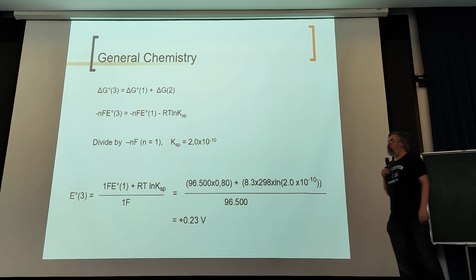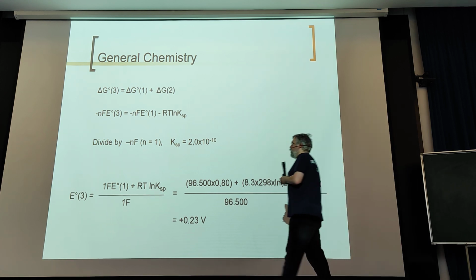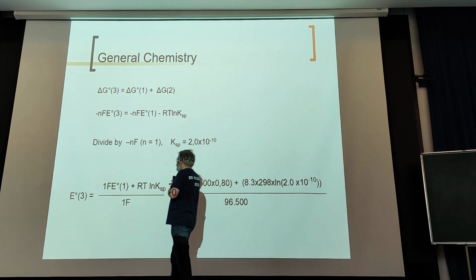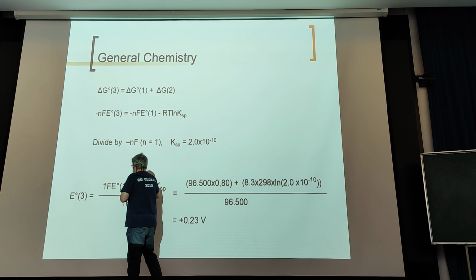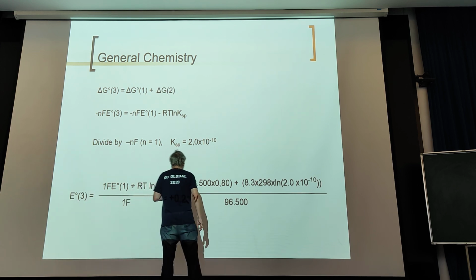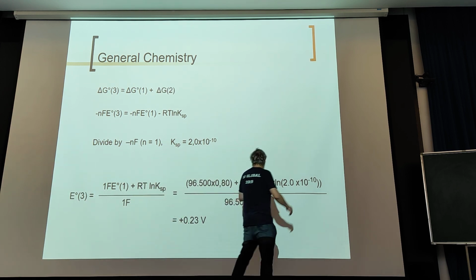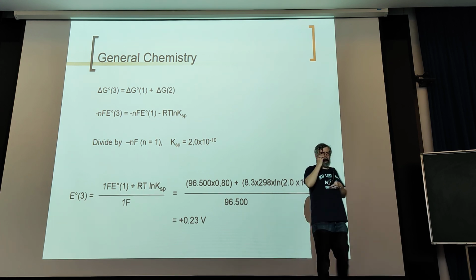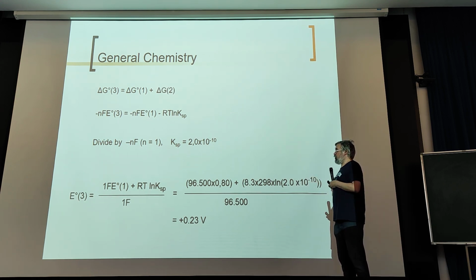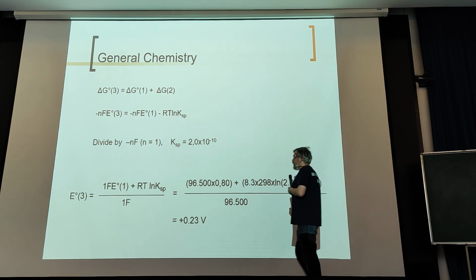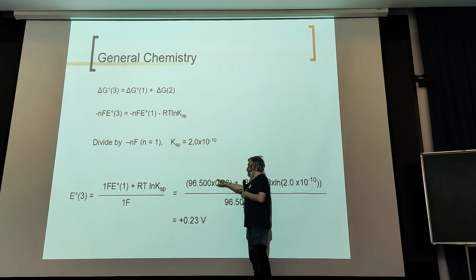So now we have to fill this in. These are the free energies. Here we divide by nF. The minus already was dropped. So what we see here is the potential of free silver, which you can find in the table. That's 0.80 volts.